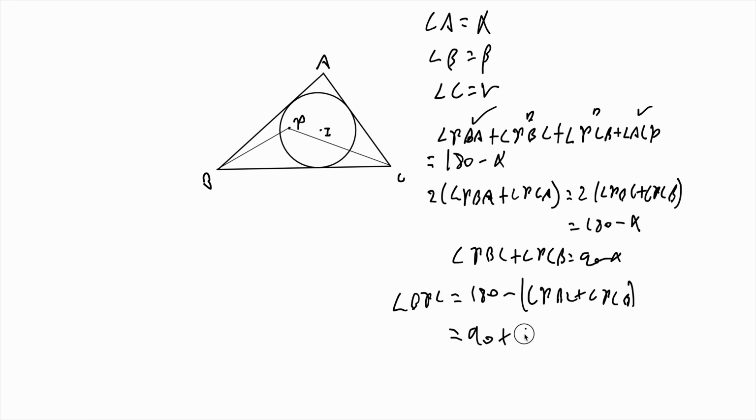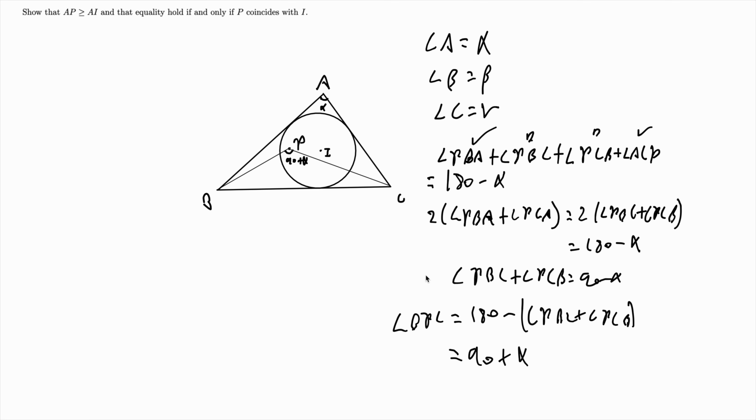This equals 90 plus alpha. Oh wait, did I miss something? Oh, alpha over 2, sorry. So this angle is 90 plus alpha over 2.